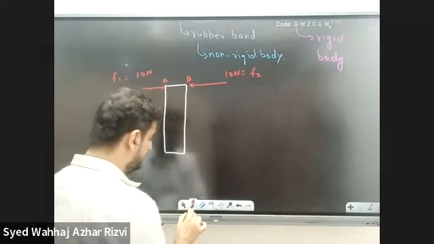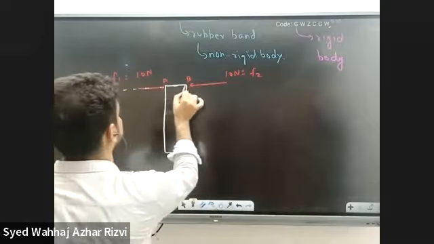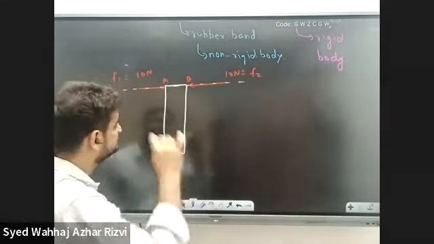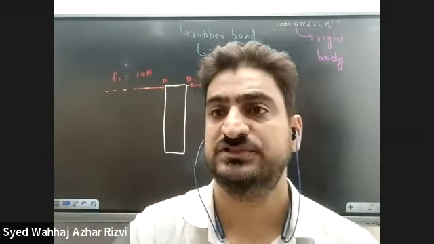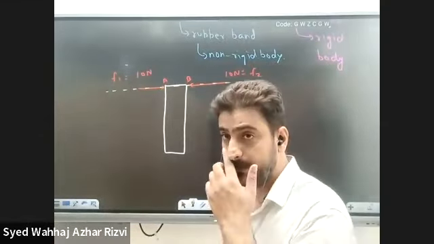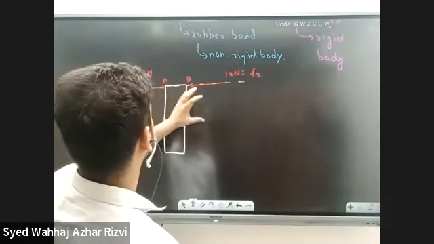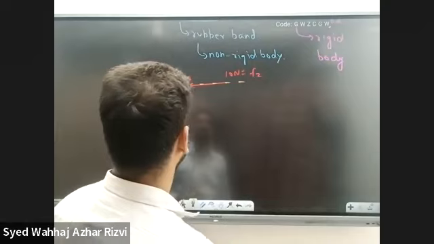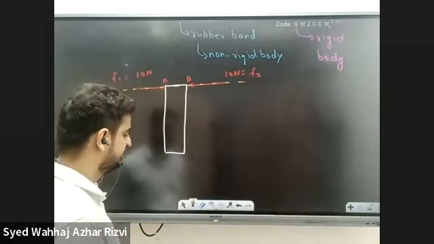But we would see that these two forces are acting along the same line. We can say that these two forces are collinear, and when they are collinear, they balance each other and do not cause any kind of turning effect.